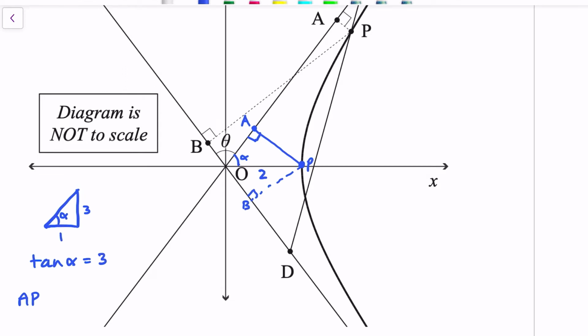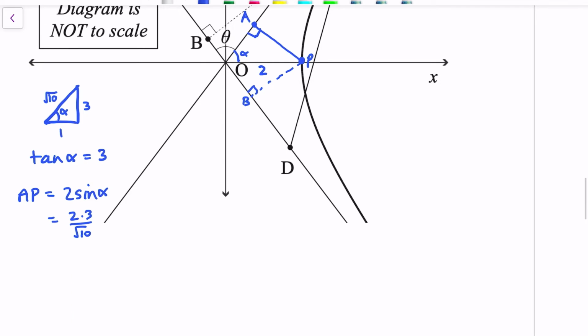Now that length there is 2 sine alpha, and from our diagram there, 1, 3, this one will be root 10, so sine alpha is 3 over root 10, so AP is 2 times 3 over root 10, and that means that our product, AP times BP, those are the same length at that position, so we've got 6 over root 10 times 6 over root 10, which equals 36 over 10, 3.6.